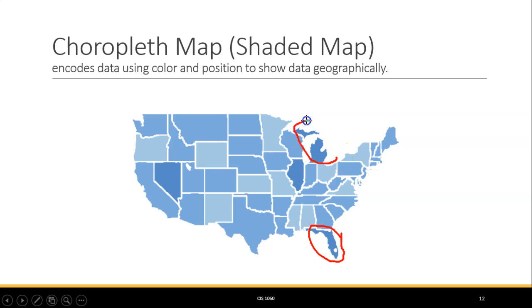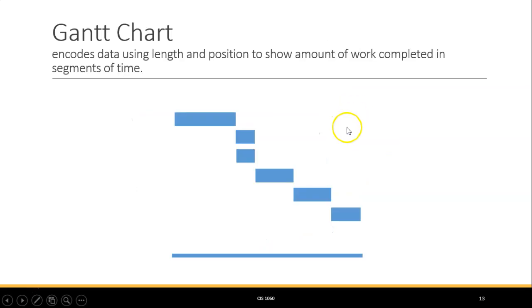Michigan is also a darker blue. Nevada is also a darker blue. So it's a good chance that the darker the color, the more of a certain measurement that we're taking. We'll see Virginia is a lighter blue, so there is less density of retirees there, if that's the measure we're looking at.